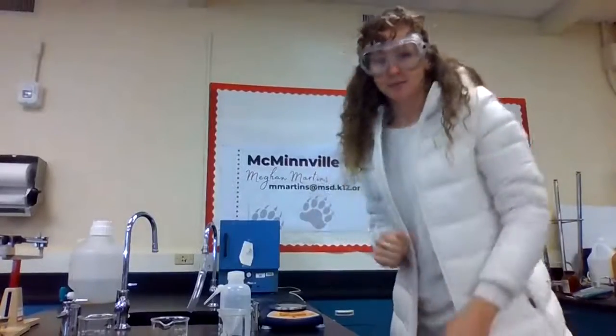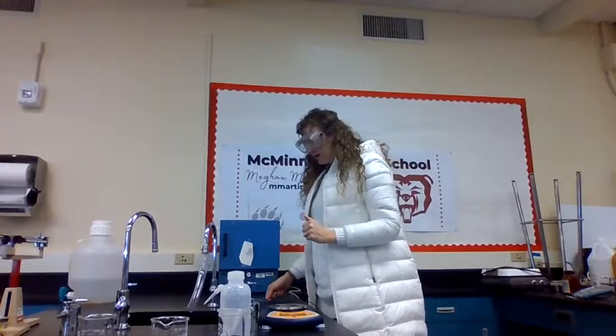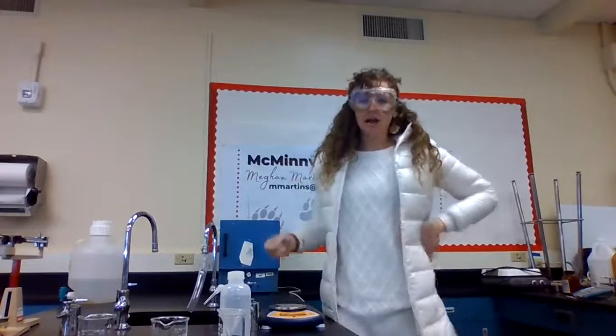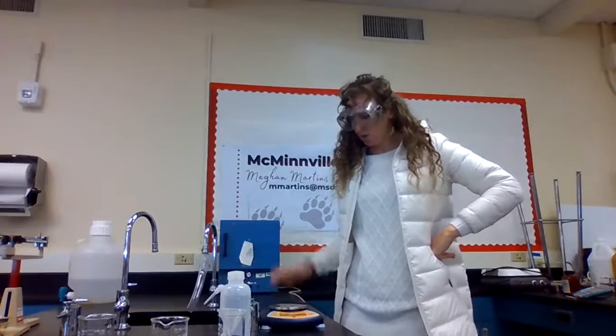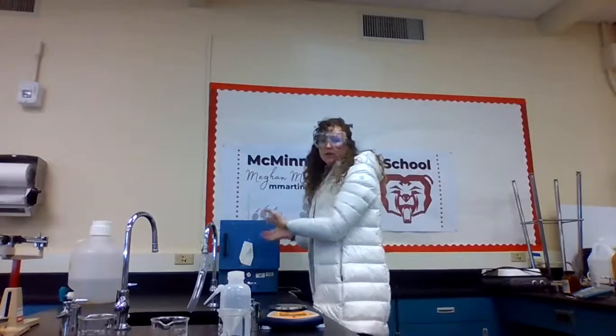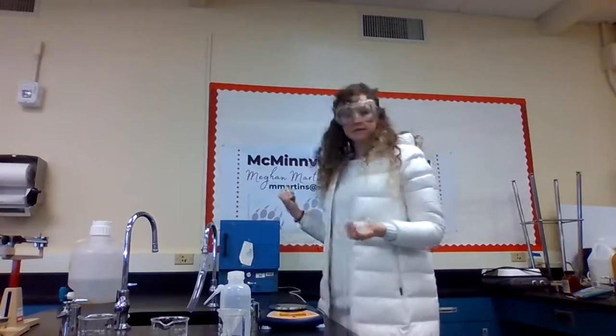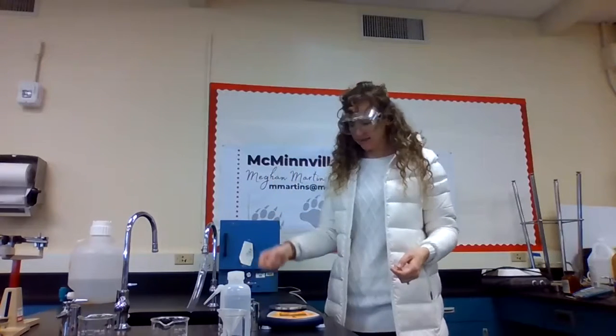Okay, let's check our sample. So here's your next technique thing. You can't put anything hot on a scale. If you put something hot on a scale, you might actually warp the scale, and then it won't give you an accurate reading anymore. So instead of taking our watch glass out of the drying oven and putting it on the scale, I'm going to switch watch glasses.